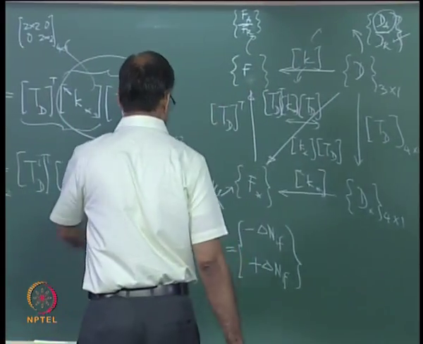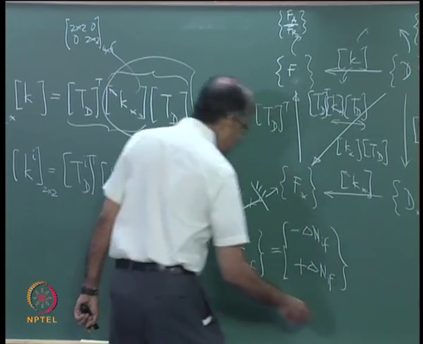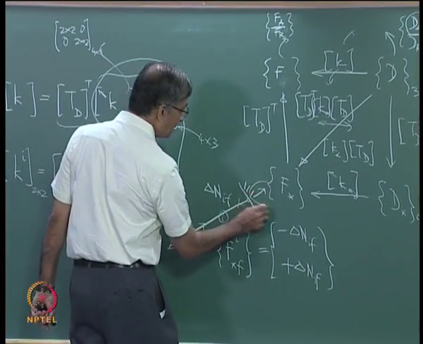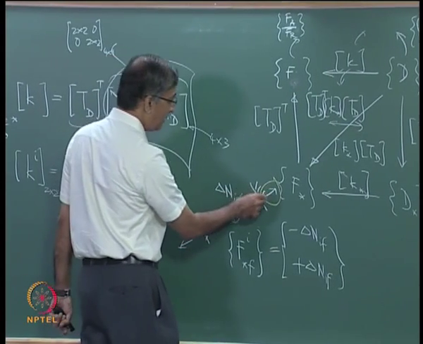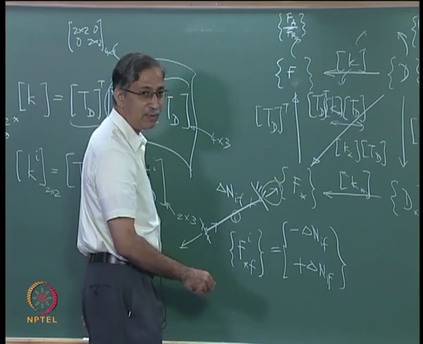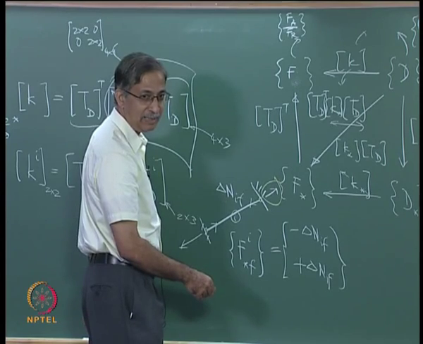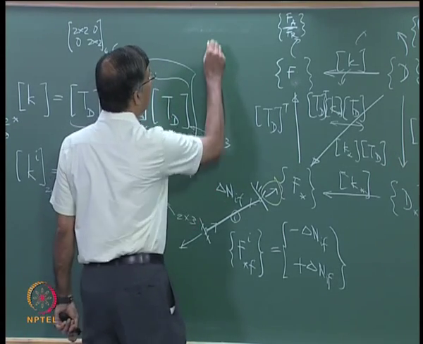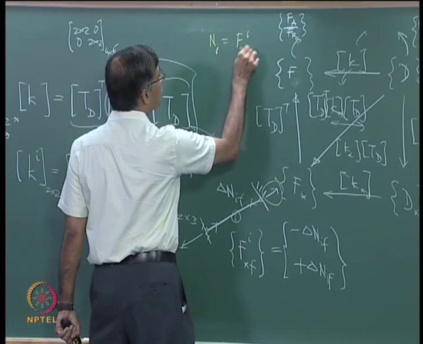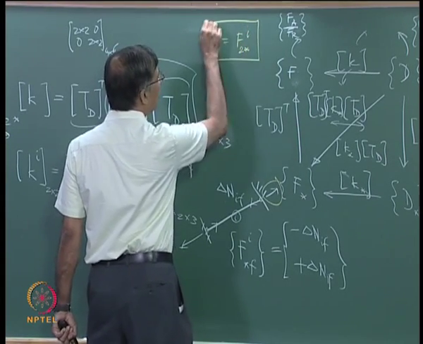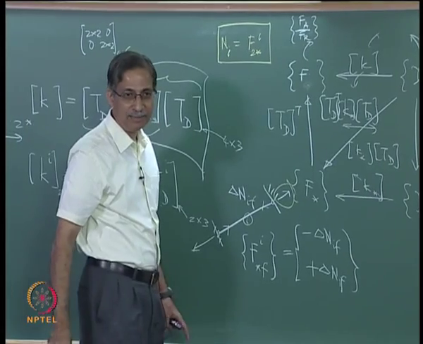When you see an element like this, the axial force is given by this value, not by the other value, please note. So if this is moving this way, you have got tension, is it clear? So Ni in general is given by Fi 2 star, this sign will always match, clear?